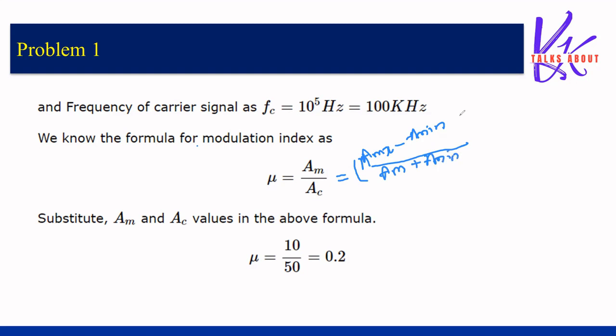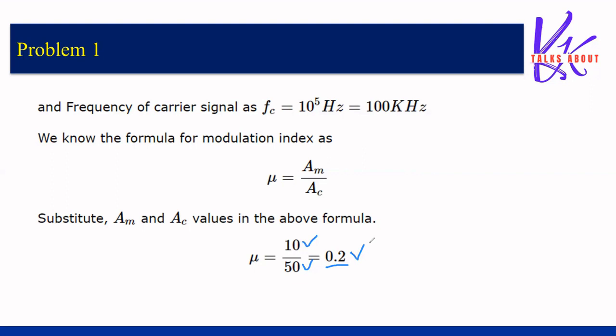As we don't know the maximum and minimum amplitudes, and we only know the amplitude of your message signal and the amplitude of your carrier signal, we are going to directly substitute these values. The amplitude of your message signal is 10, and the amplitude of your carrier signal is 50. So the modulation index is equal to 0.2.